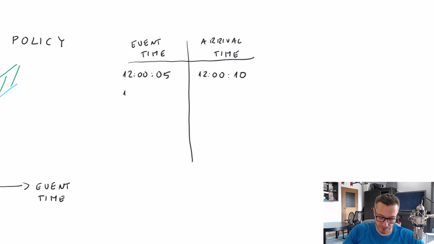But let's say that we've got another event that was generated at 10 seconds past midnight, but it arrived late. So let's say it arrived 30 seconds later. So it's too much for our policy.